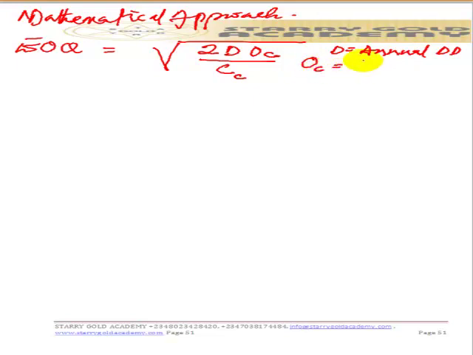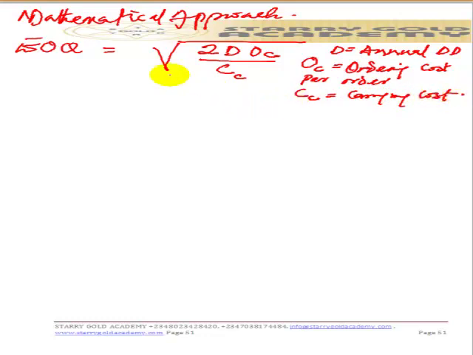OC is the ordering cost per order. CC is carrying cost per unit. Now, there are ways we can also find some of these variables. This is EOQ.